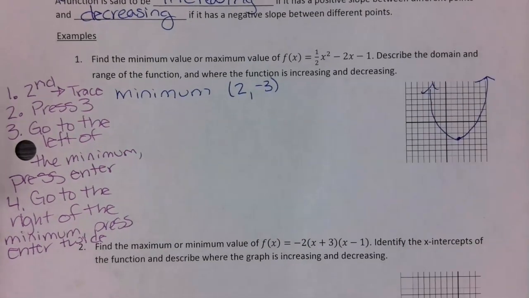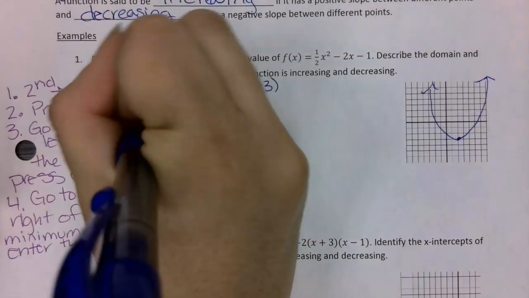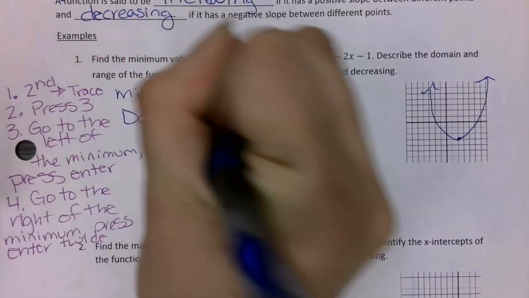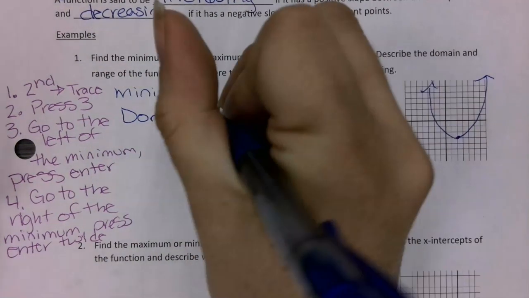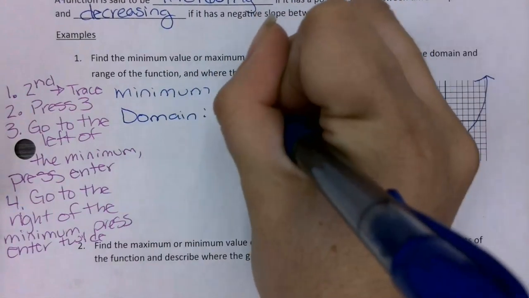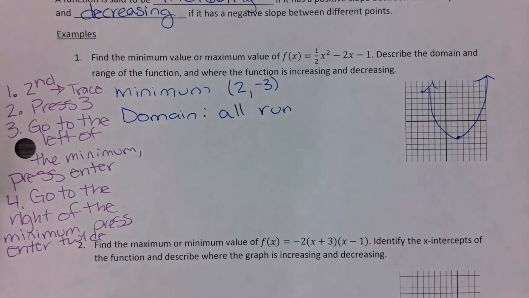Okay, so this one wants me to say my domain and range. So my domain for this graph is what? Do you guys remember? Yeah, the way we say that is all real numbers. Anything can be plugged in for x.